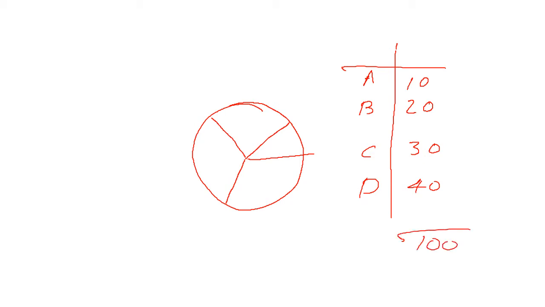So 10% of them secured A grade. The total area of the circle, that is pi r square, is divided into how much area? It is divided into 4 areas in the ratio 10 is to 20 is to 30 is to 40.